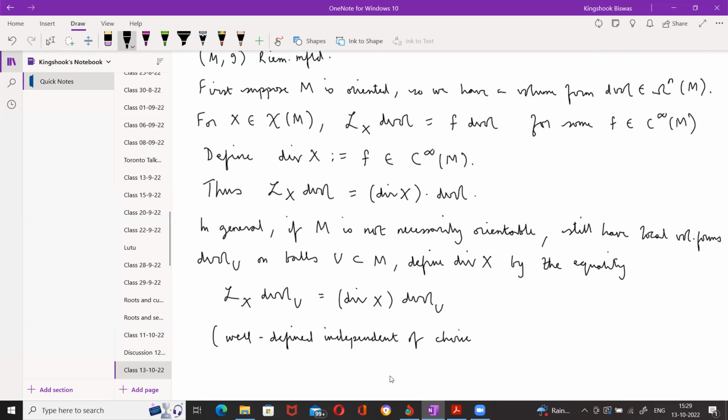So you get the same function div X, no matter whether you use dvol or minus dvol. So this is independent of the choice of local volume form.